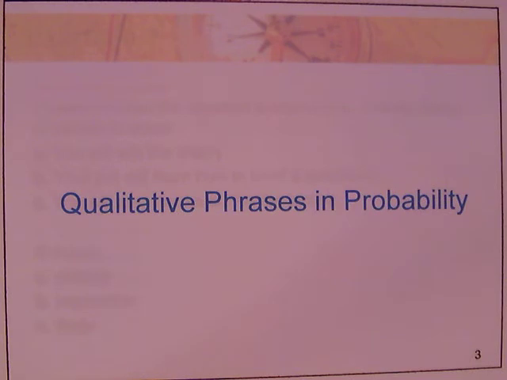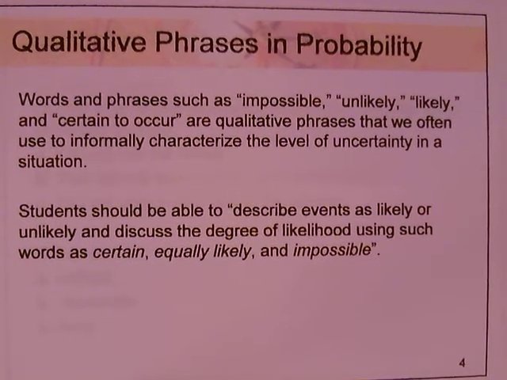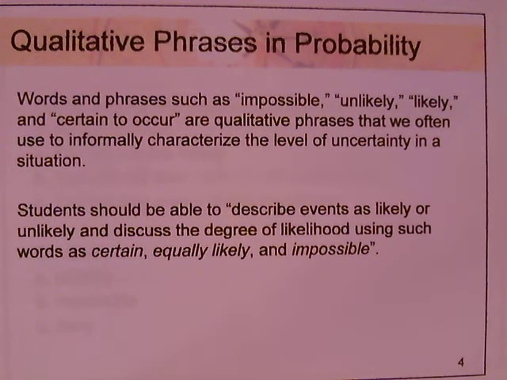In this case we're going to look at some of the categorical phrases in this particular section. Words and phrases such as impossible, unlikely, likely, and certain to occur are qualitative phrases that we often use to informally characterize the level of uncertainty in a situation.